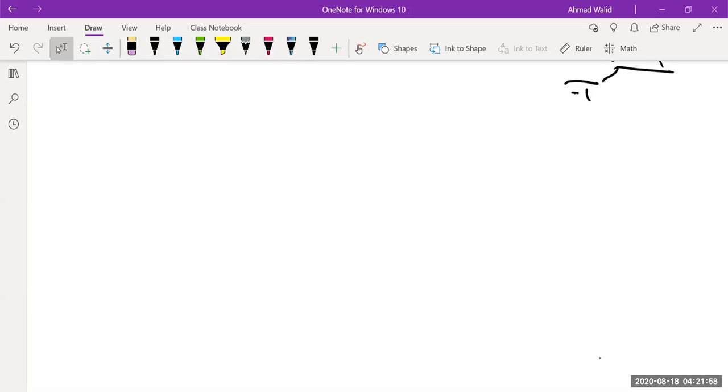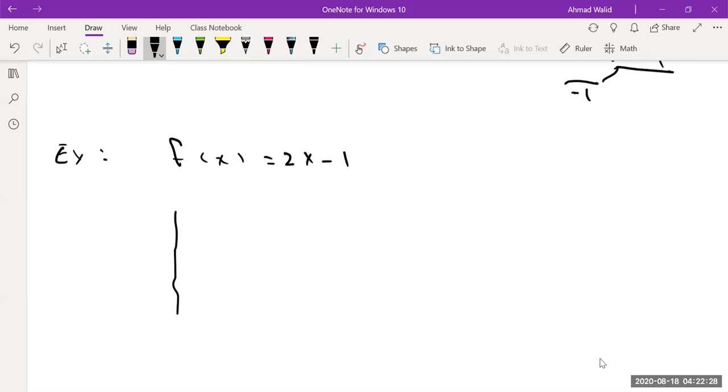Example 2: sketch the graph and find the domain and range of the function. They give you a function f of x equals 2x minus 1, and they're asking you to find the domain and range of the function, and also sketch this function, correct?